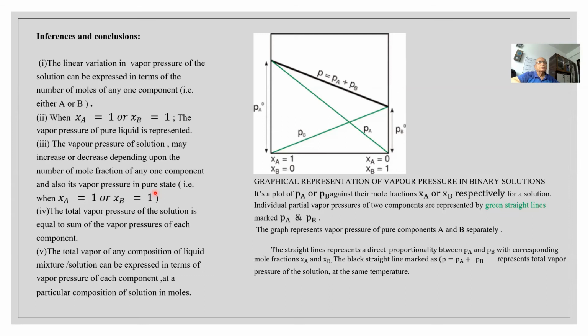Any one component, maybe A or maybe B. Total vapor pressure is the sum of the partial pressures. The total vapor pressure of the liquid can be expressed in terms of the vapor pressure of each component for a particular composition. That is what we have derived.